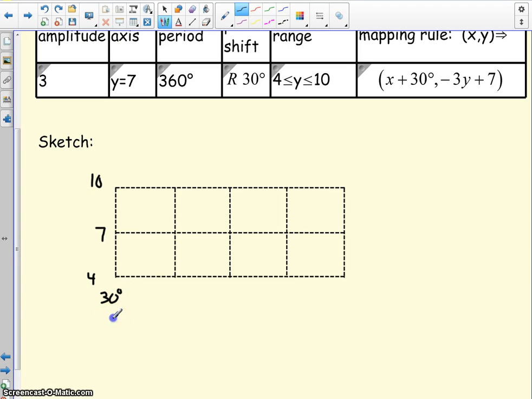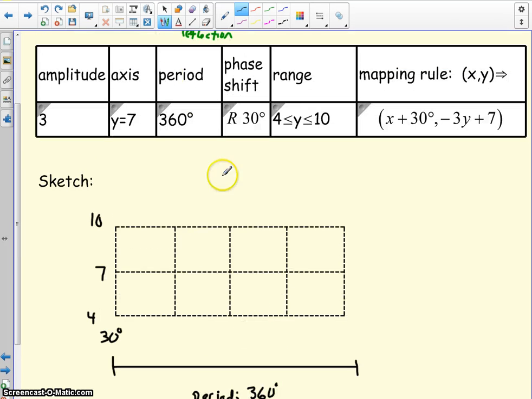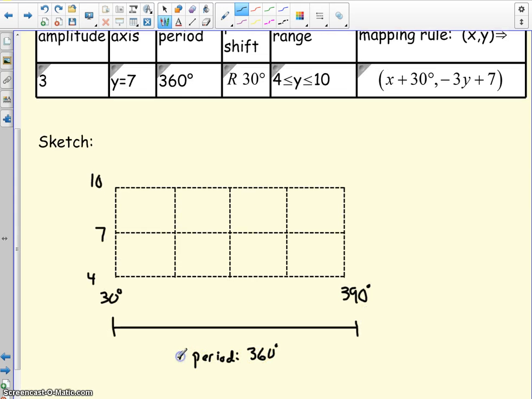If it starts at 30, where is it going to end? If it's one cycle, it ends after a length of the period. The period is 360 degrees, so it takes 360 degrees to finish. So 30 plus 360 gives you 390 degrees. We take our starting value, add our period, and get our final value of 390.